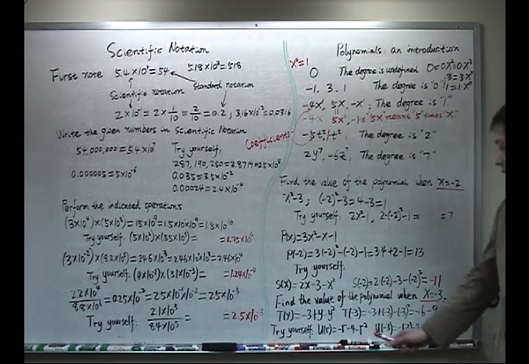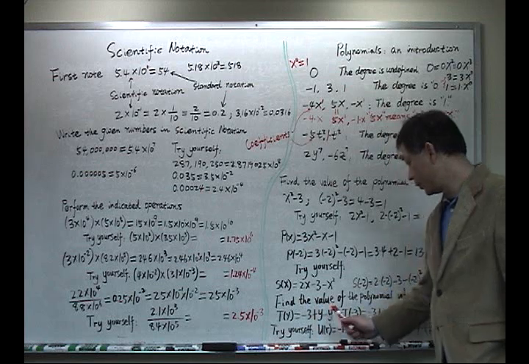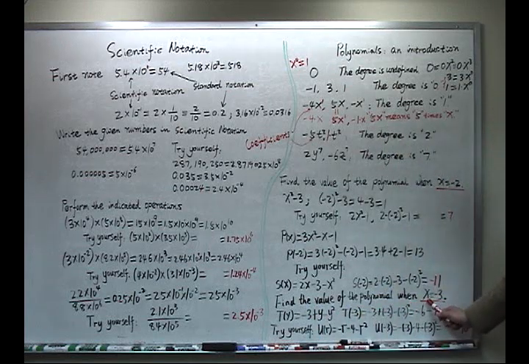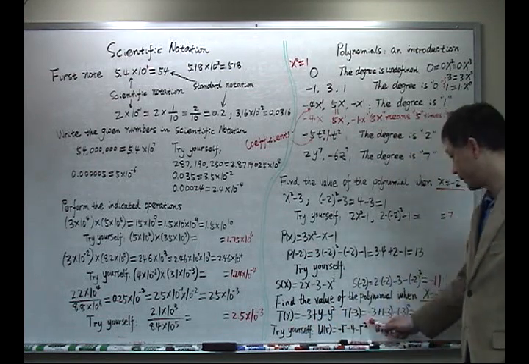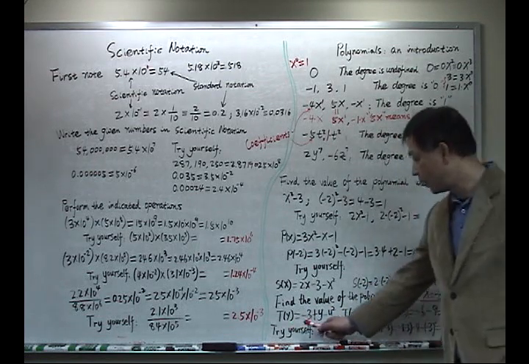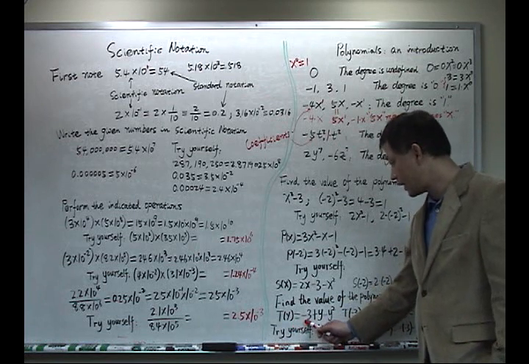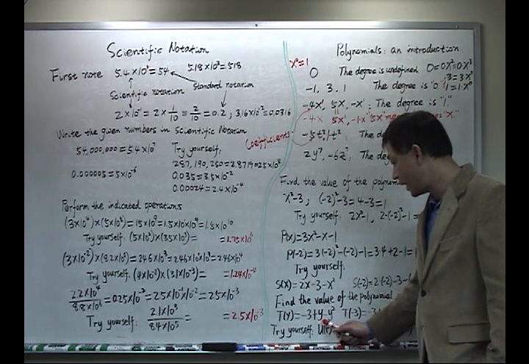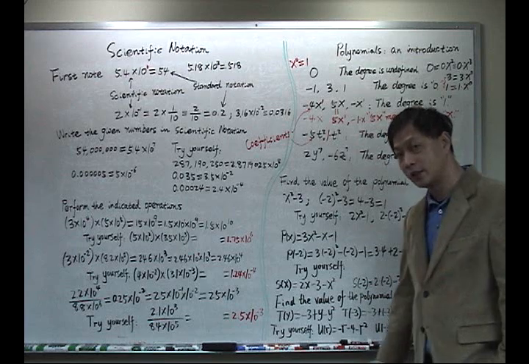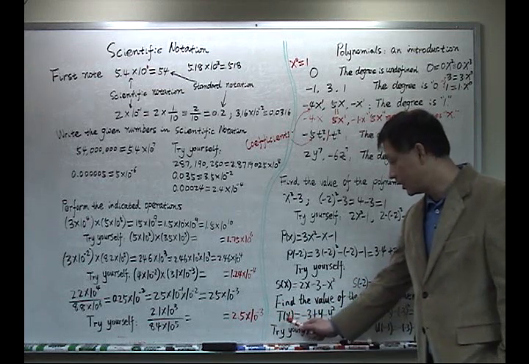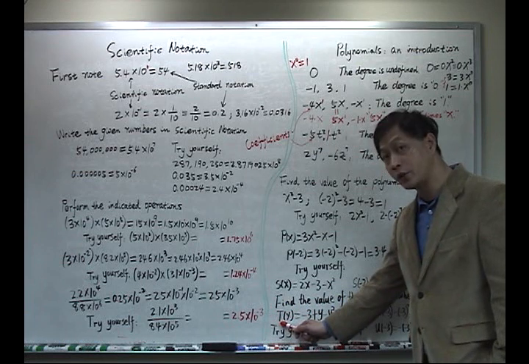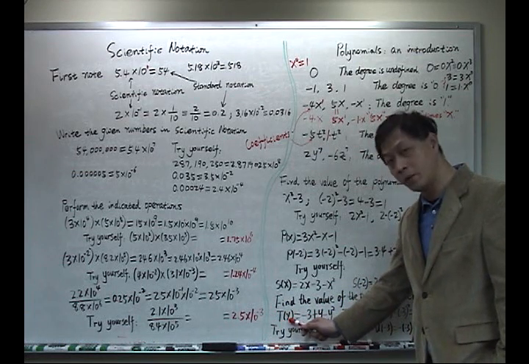Now, find the value of the polynomial when x equals negative 3. Here there is one example. T of y is negative 3 plus y minus y squared. T of y is not t times y. T stands for a polynomial with variable y.